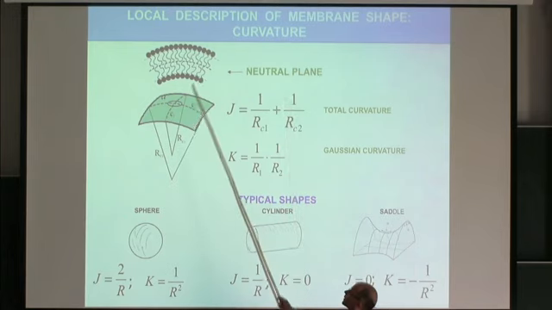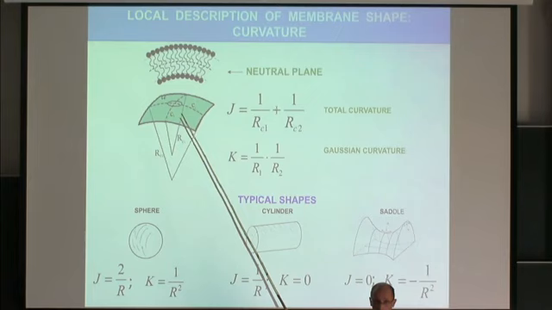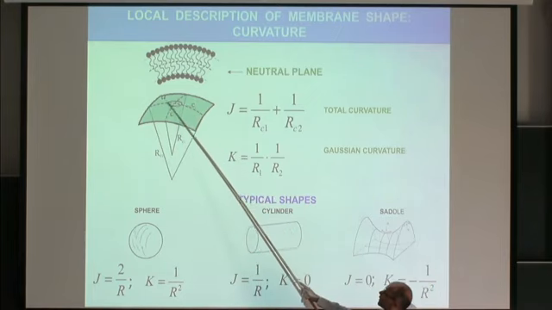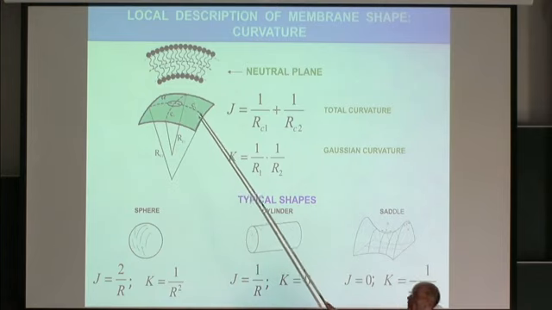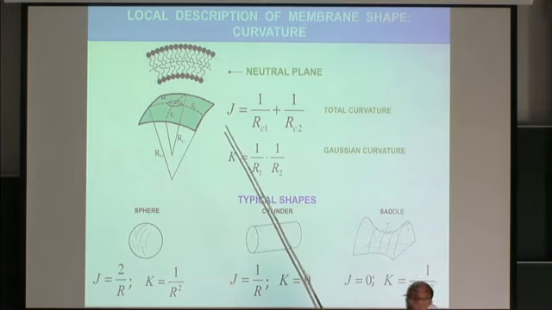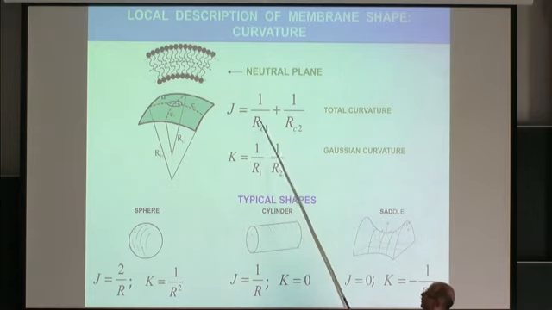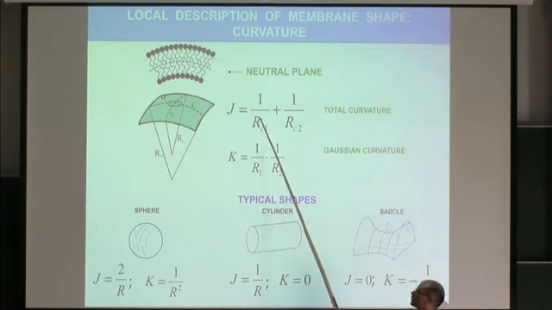So this plane represents the membrane shape at every point, and the local shape of the membrane is determined by two numbers. These numbers can be two principal curvatures, or their sum and product, which are called mean curvature, or we call it total curvature.